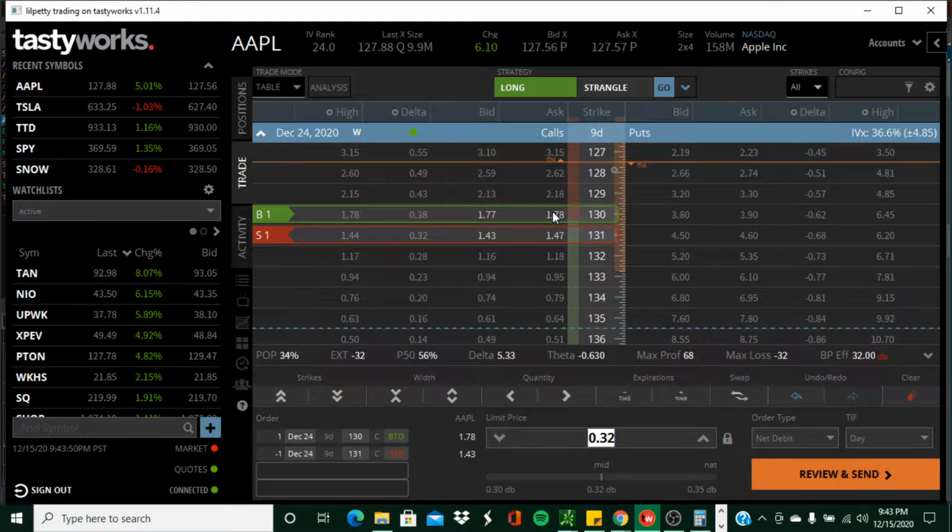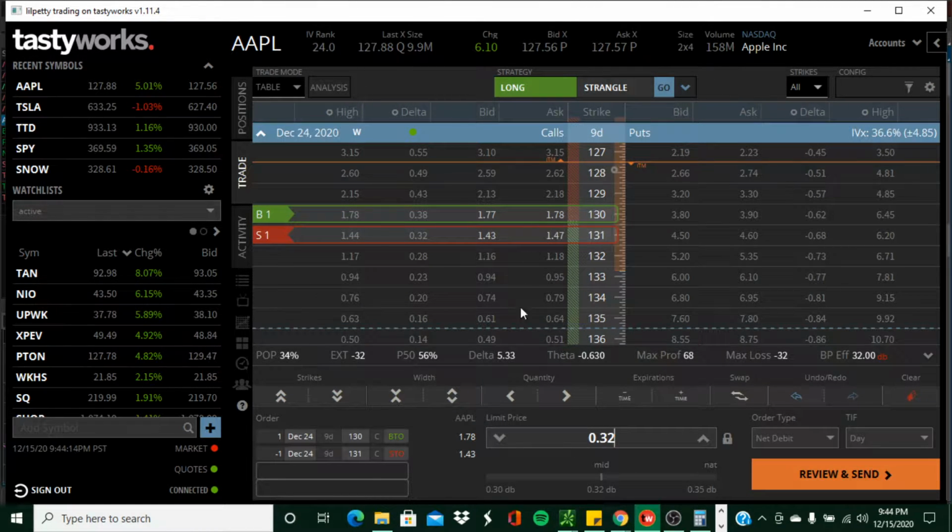That's where you're going to be able to collect the max gain. Now, if you pick the right direction and the stock goes in your favor, we paid 32 cents for the play. As the stock starts going up, this premium is going to start going up. That's going to be your profit, and it keeps going up as it gets closer to the money.